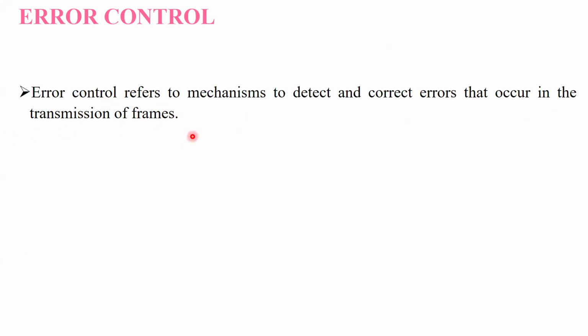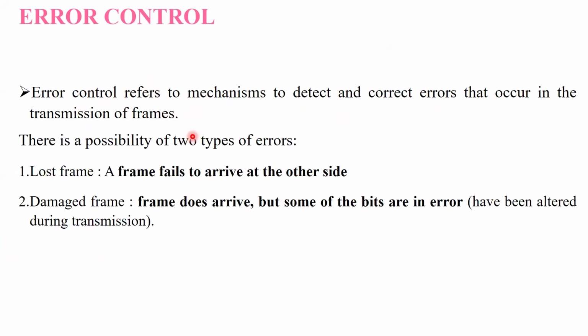There are two possible types of errors. One is a lost frame, another one is a damaged frame. We have already heard these two statements in the previous classes. Coming to lost frames, a frame fails to arrive at the other side.